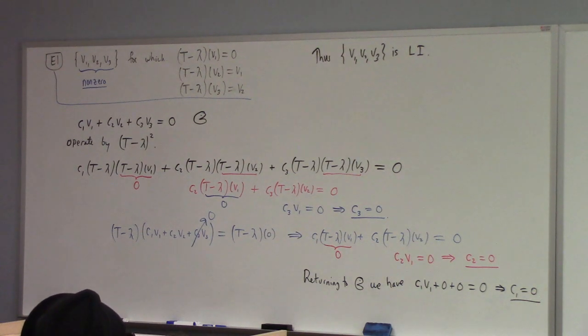If you understand this proof, you probably should understand how to prove a k-chain is linearly independent, right?